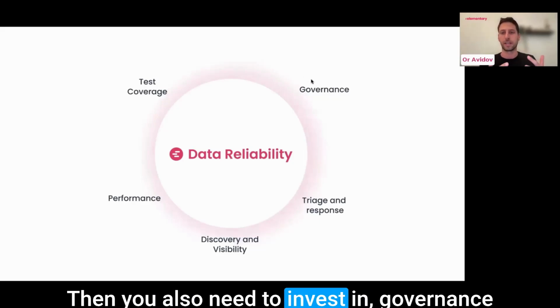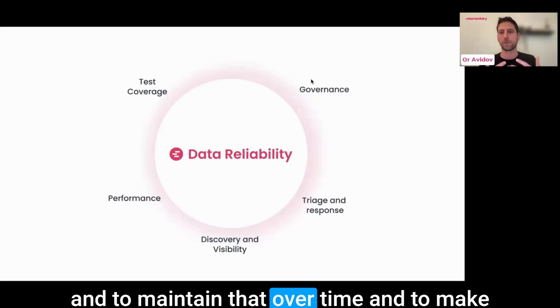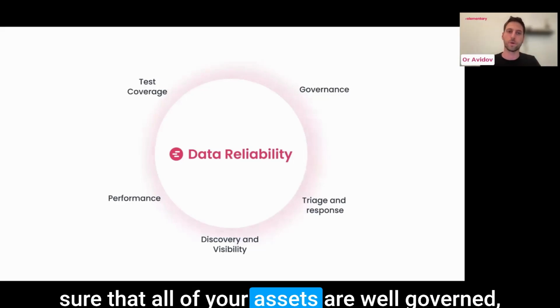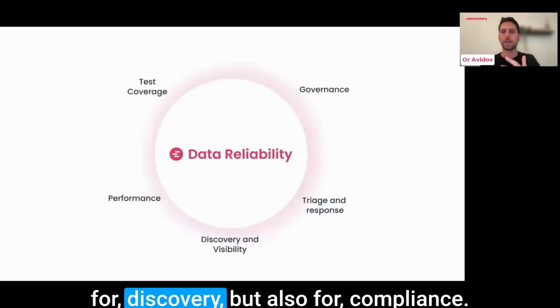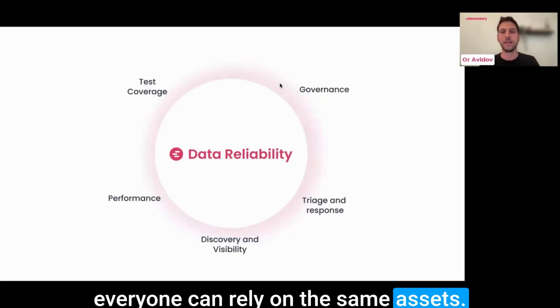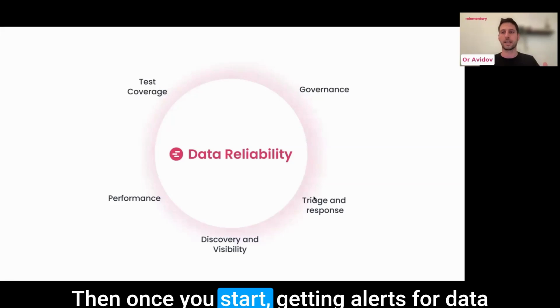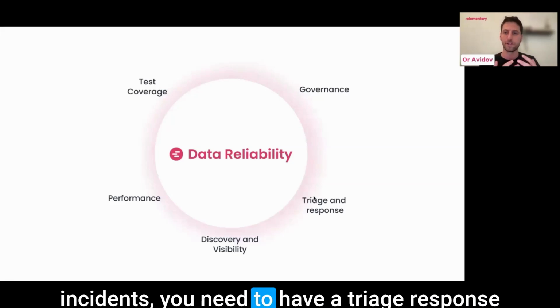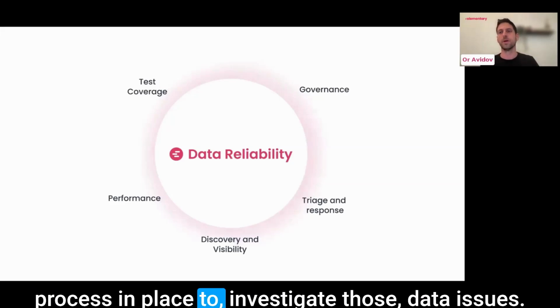Then you also need to invest in governance and to maintain that over time and to make sure that all of your assets are well governed for discovery, but also for compliance, and to make sure that there is a source of truth for your assets and everyone can rely on the same assets. Then once you start getting alerts for data incidents, you need to have a triage and response process in place to investigate those data issues.